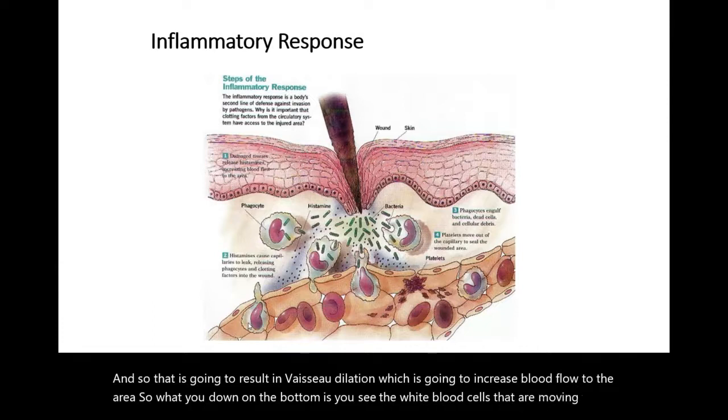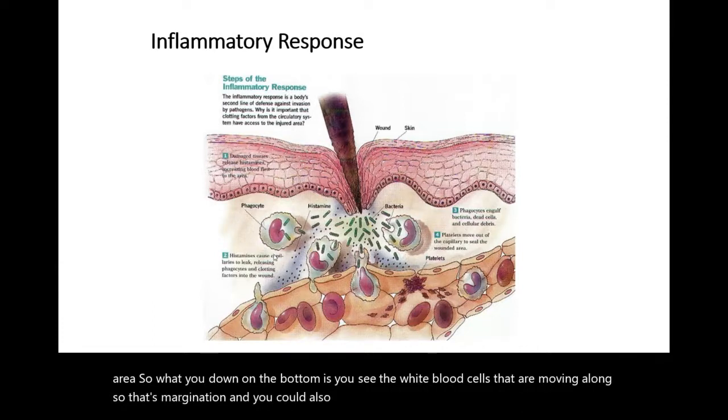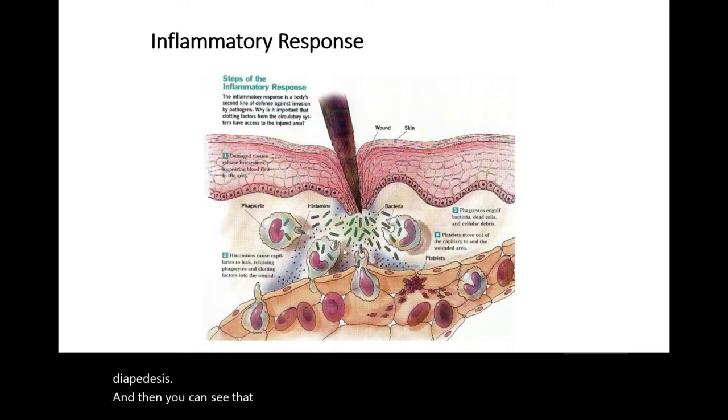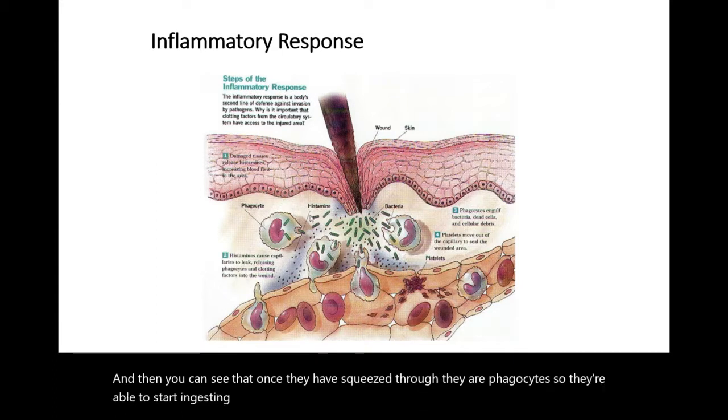So that's margination. And you can also see them squeezing through, which is diapedesis. And then you can see that once they have squeezed through, they are phagocytes. So they're able to start ingesting and digesting the pathogen in that area.